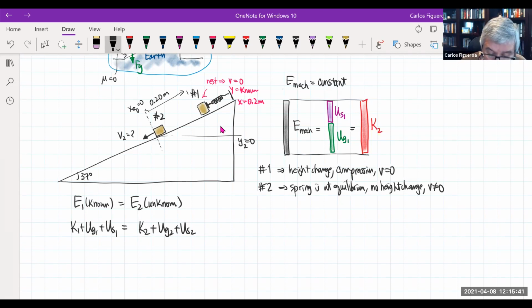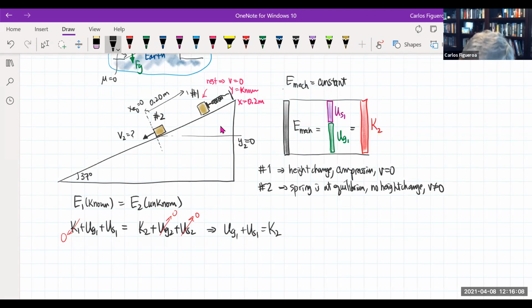Or you can draw a picture. And if I draw a picture, I immediately see that the kinetic energy is 0 right from the get-go. And when I get all the way down to the bottom, I see that this is 0, this is 0. So what I'm really writing is UG1 plus UGS1, which is K2, and you can see that's exactly my picture right there.